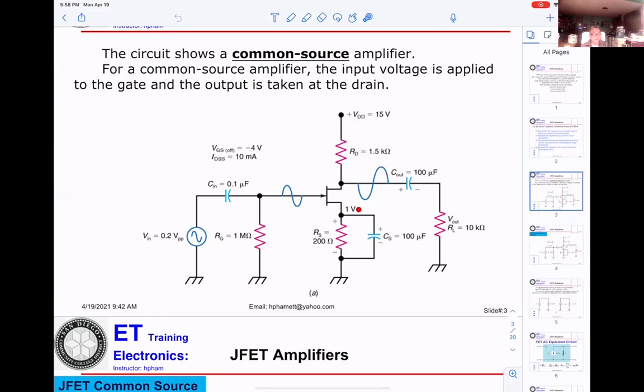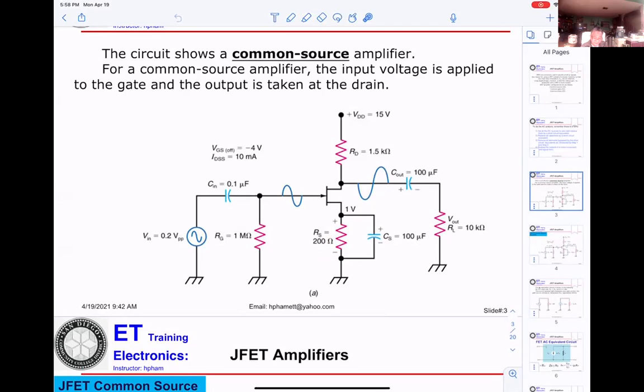The main thing is to try to calculate the ID. In a JFET, ID and IS will be the same. So if they give you the 1 volt VS, it is easy to calculate the current flowing here, IS. You take 1 volt divided by 200 ohm, and let IS also be the ID.